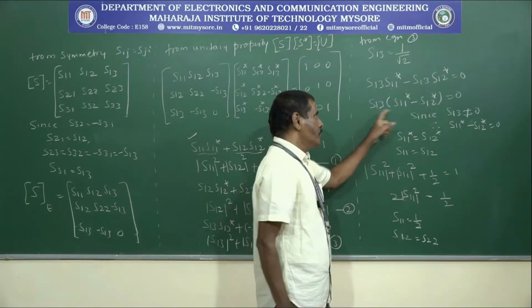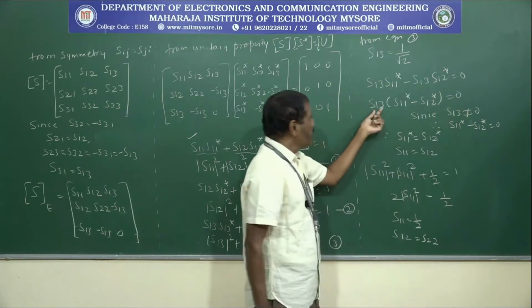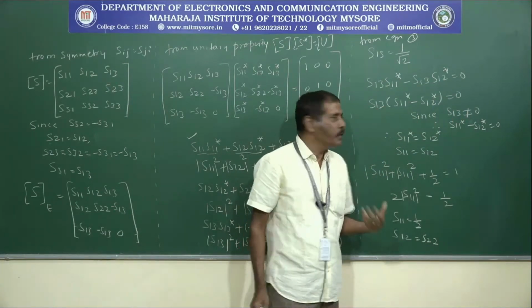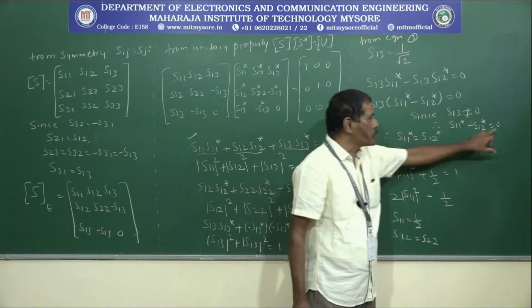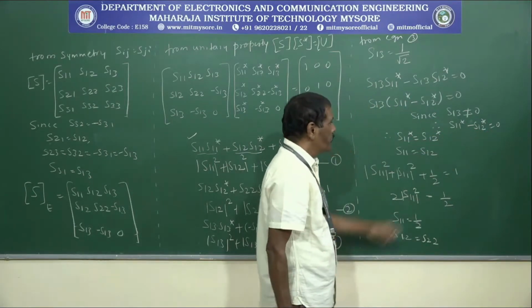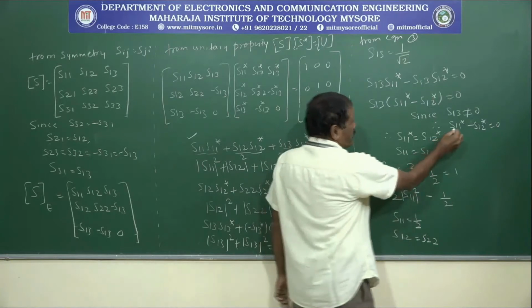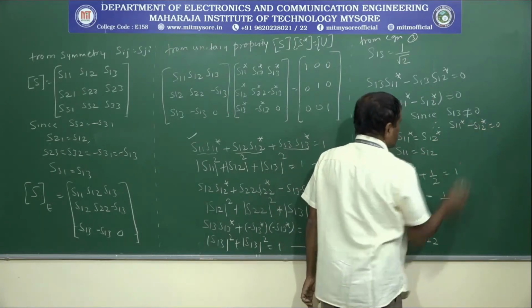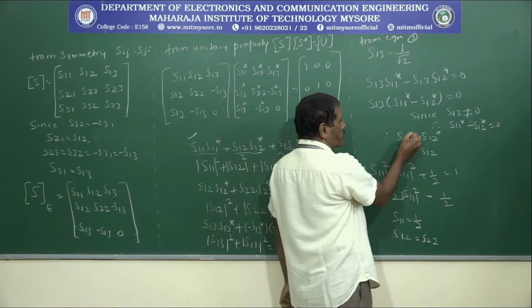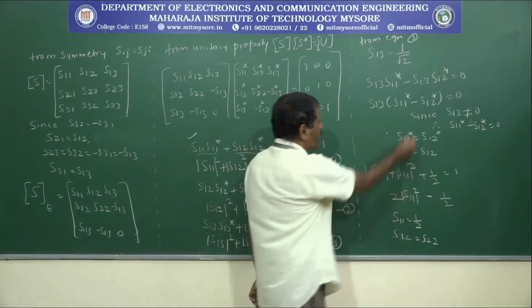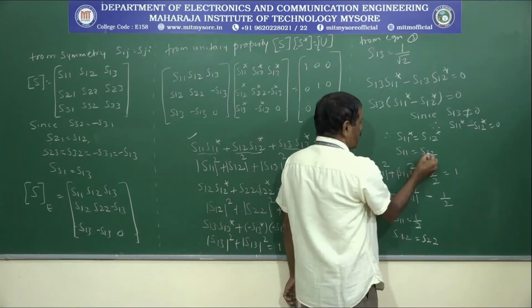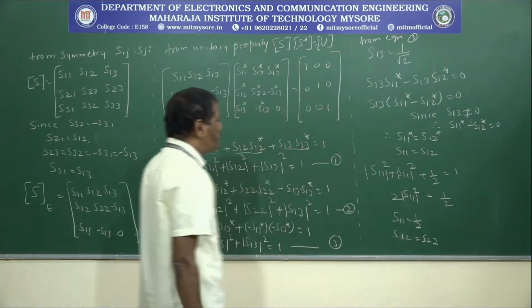Now this is equal to 0, and S13 cannot be equal to 0. Therefore, S11 star minus S12 star is equal to 0. Then I can write S11 star equal to S12 star, so I can write S11 equal to S12.